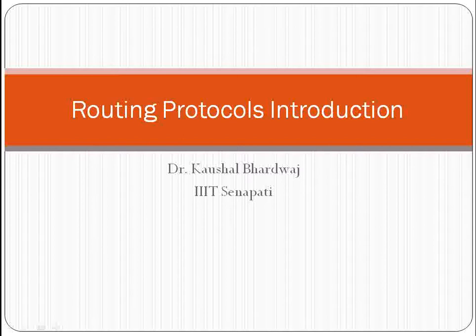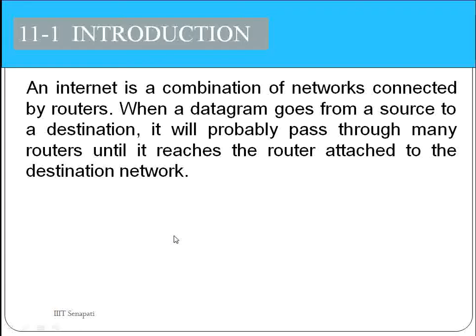So as you can understand, in an internet we have a combination of networks. These networks are connected with the help of routers. Whenever a datagram goes from a source to destination, it will probably pass through many routers, right?